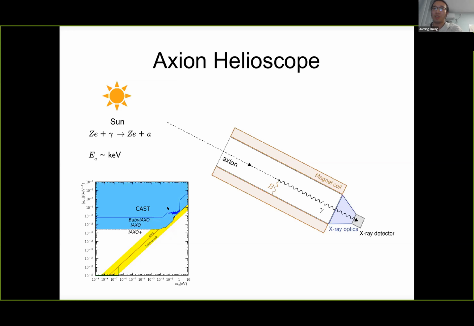And actually, the CAST helioscope has provided us some stringent bound near the eV level that excludes part of the QCD axion parameter space. And future helioscopes, such as IAXO, will push this bound even lower so that more parameter space for the QCD axion will be probed.